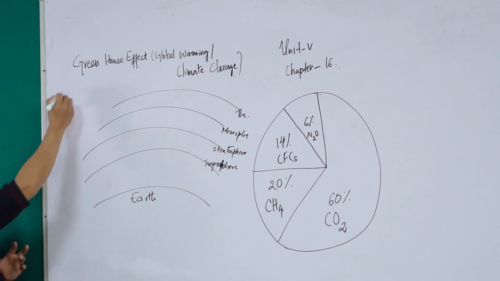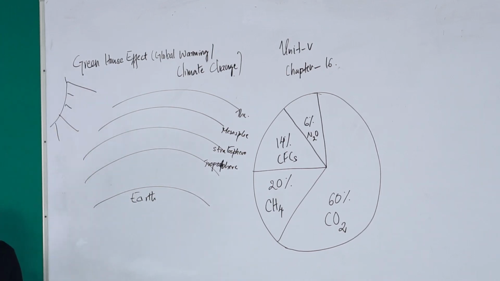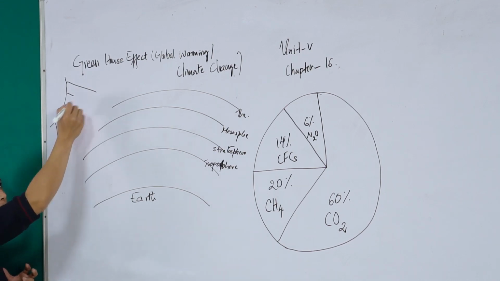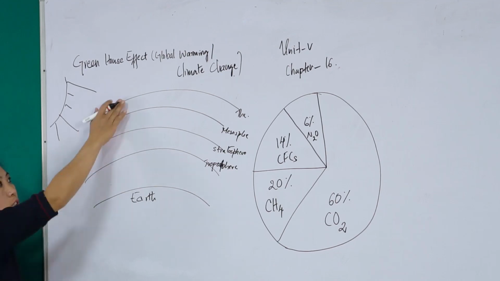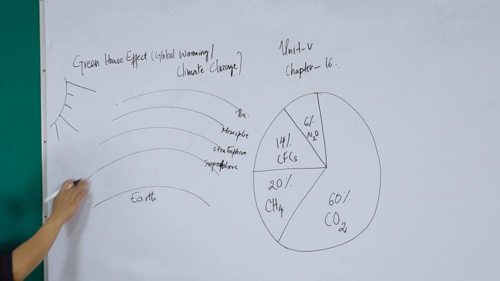So this is the atmosphere which receives the radiant energy from the sun before it reaches the Earth. This radiant energy or solar energy, before it reaches the Earth, has to pass through the atmosphere, which consists of these various layers.